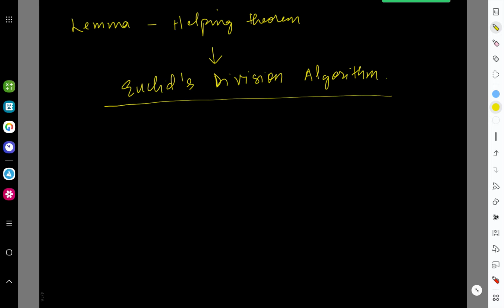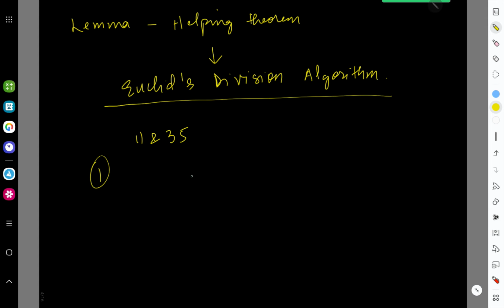That is to find the HCF of any two given numbers. So the first step is we have to divide the bigger number by the smaller number. Let's consider an example, let's say 11 and 35.